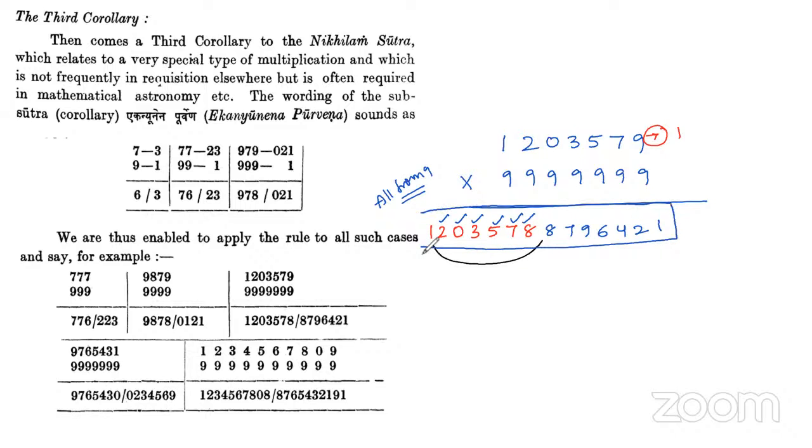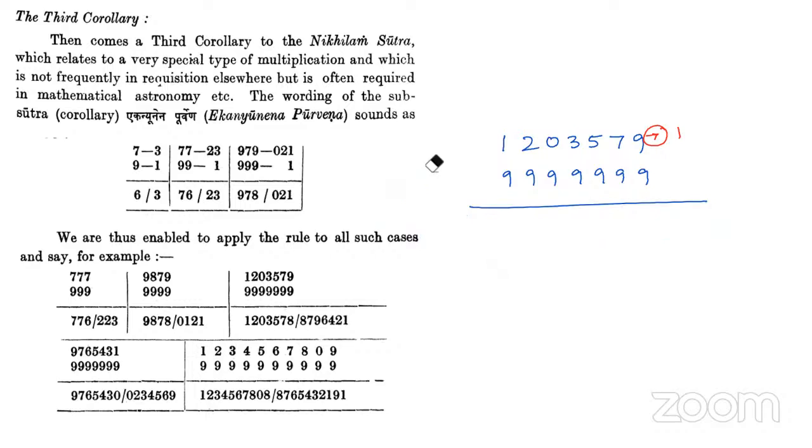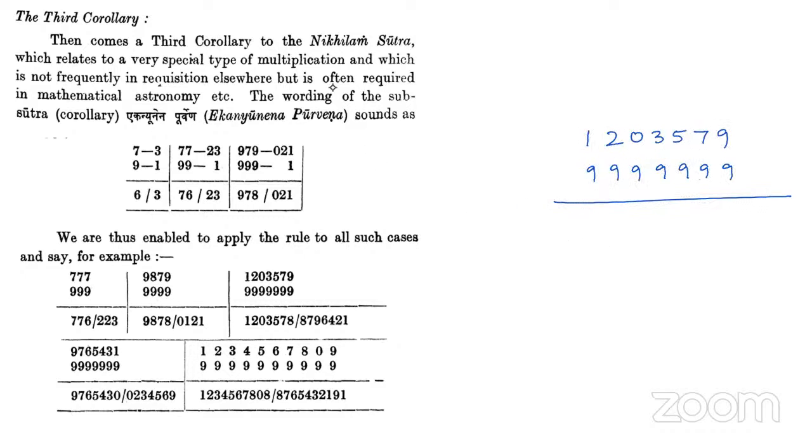Suppose you want to use the all from 9, last from 10 formula, then we can do one thing here. Let me tell you, just to remember that one. For that, just subtract 1 from the given number as usual. That is 1, 2, 0, 3, 5, 7, 8. After that, just subtract from 9.